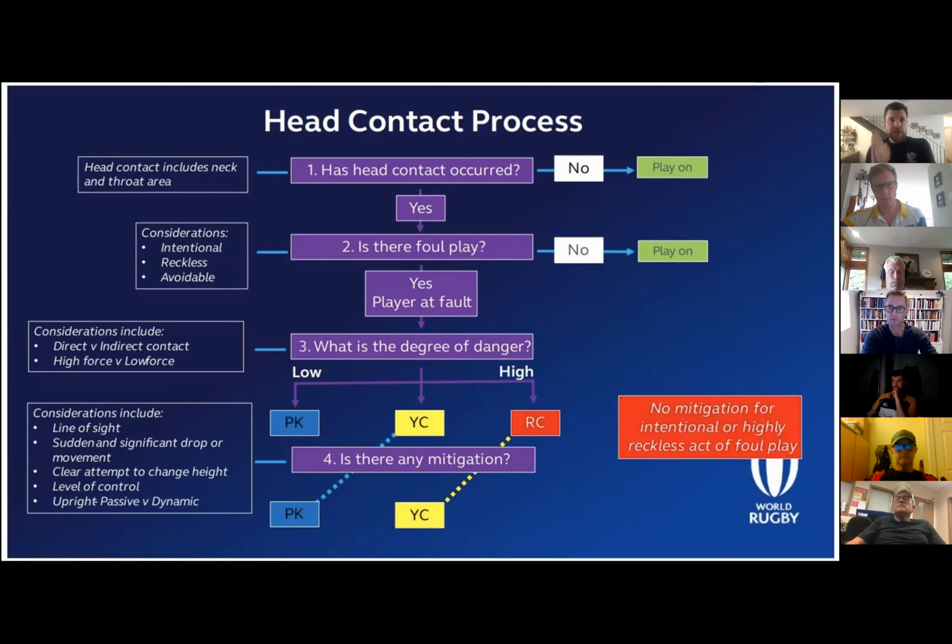So if we look at injury statistics, in a lot of cases, the injury that we see is an injury, in fact, to the tackler, not the ball carrier. So the head contact process is certainly designed to protect the ball carrier because we're looking at places where that player is at risk of contact.